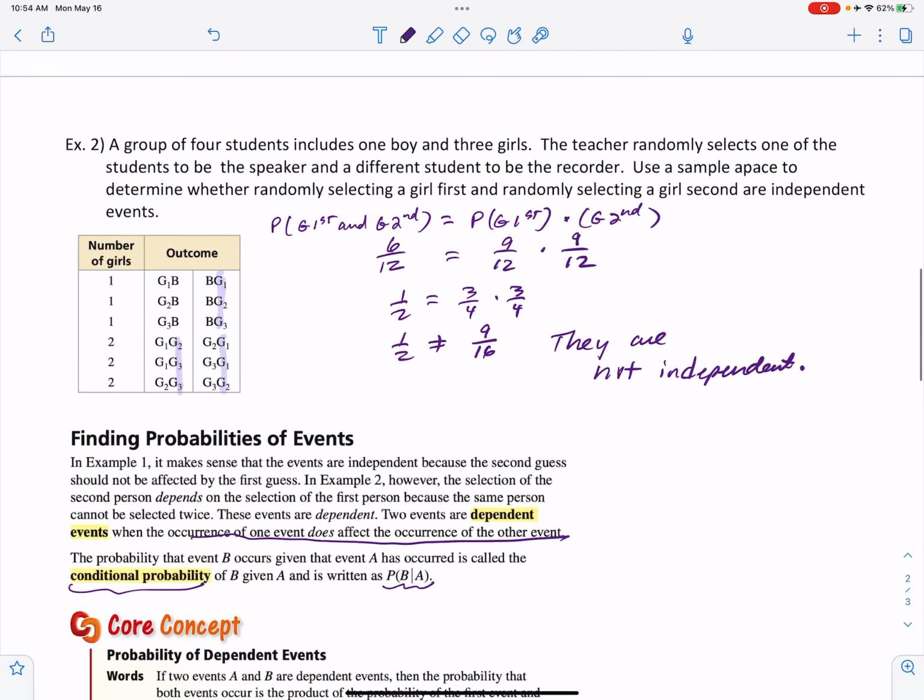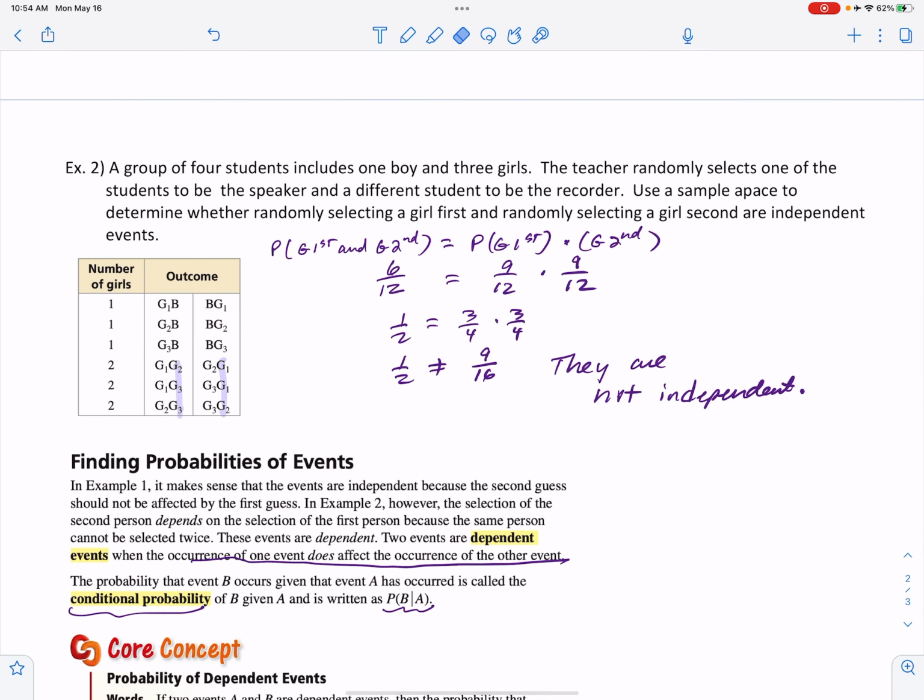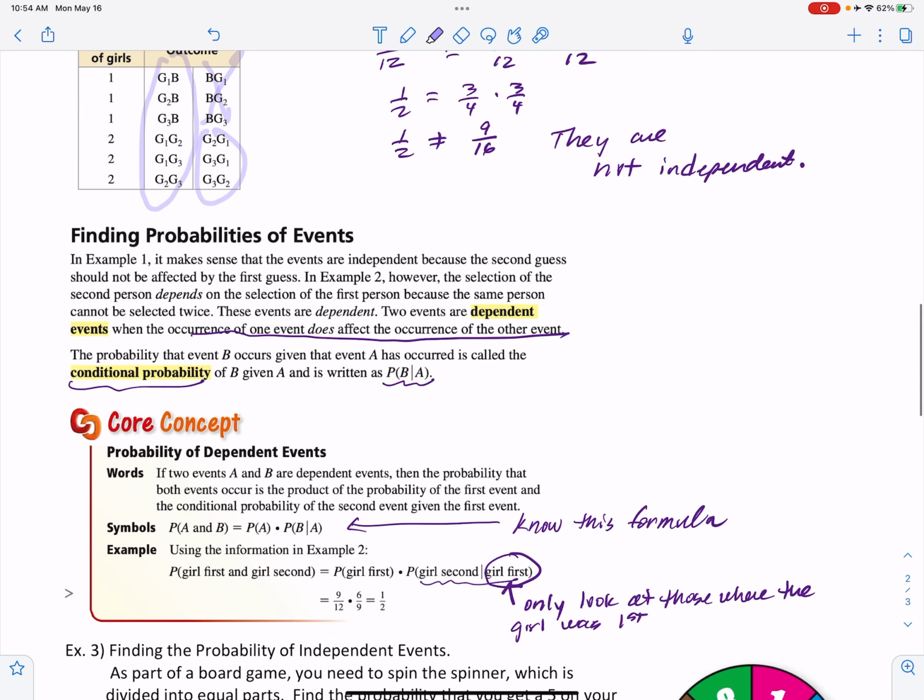And if I go back up here and I look at the ones where the girl's first, there's this many and this many. And I eliminate those so there's not as many in the pool. And so there's a total of 9 in that. So that's my denominator right here.